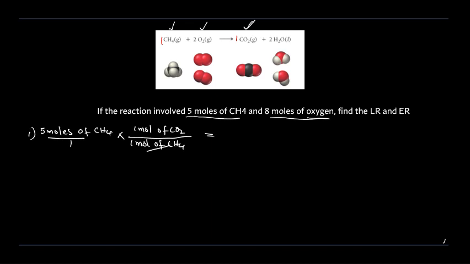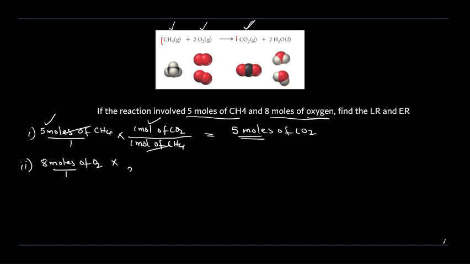So moles of methane and moles of methane cancel. How many moles of carbon dioxide will I have? 5, because that's the number in the numerator. 5 times 1 mole of carbon dioxide is 5 moles of carbon dioxide, divided by 1, so it is not going to make any difference. In the second case, I start with 8 moles of oxygen. You can write divided by 1, but it does not make any difference if I don't.